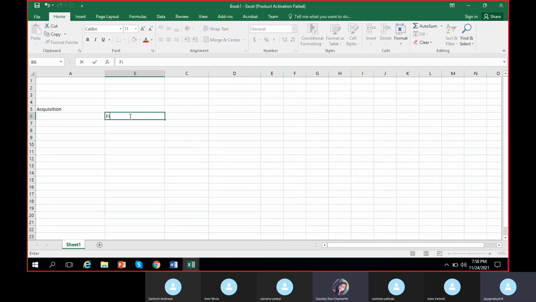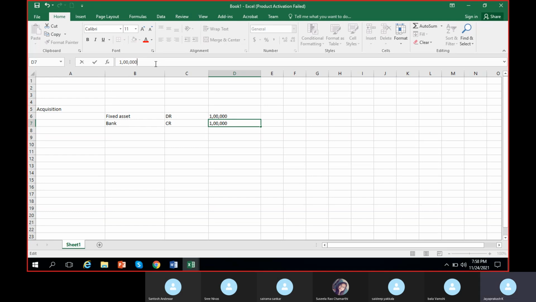Let me take it: fixed asset account will be debited. Let's say I'm buying it for 1 lakh rupees. Then let me take my bank account. Bank will be credited for 1 lakh itself.